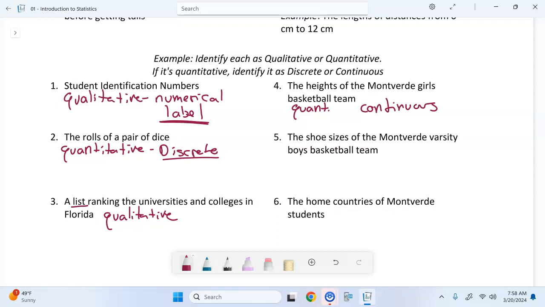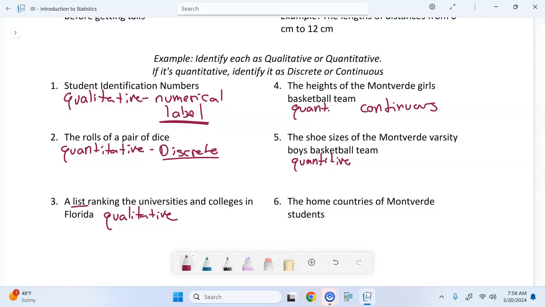The shoe sizes of the Montverde varsity boys basketball team. It's definitely quantitative, but it is not continuous. Can anyone tell me why it's not continuous? Think about it. Shoe sizes. I didn't say foot length. You could have 10.